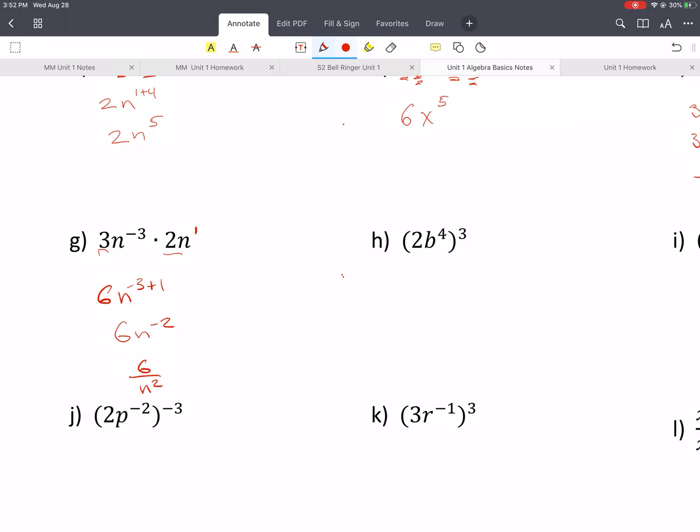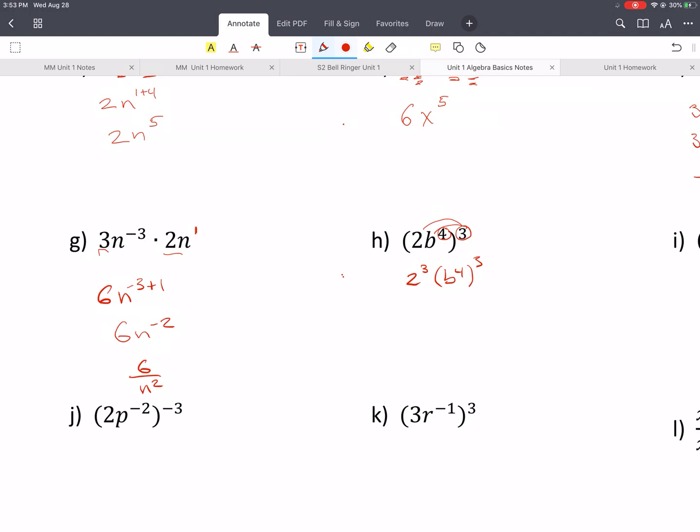Okay, next one, we have a power inside of a power. We can rewrite this as 2 to the 3rd and then b to the 4th to the 3rd. Same thing, basically we're distributing that.